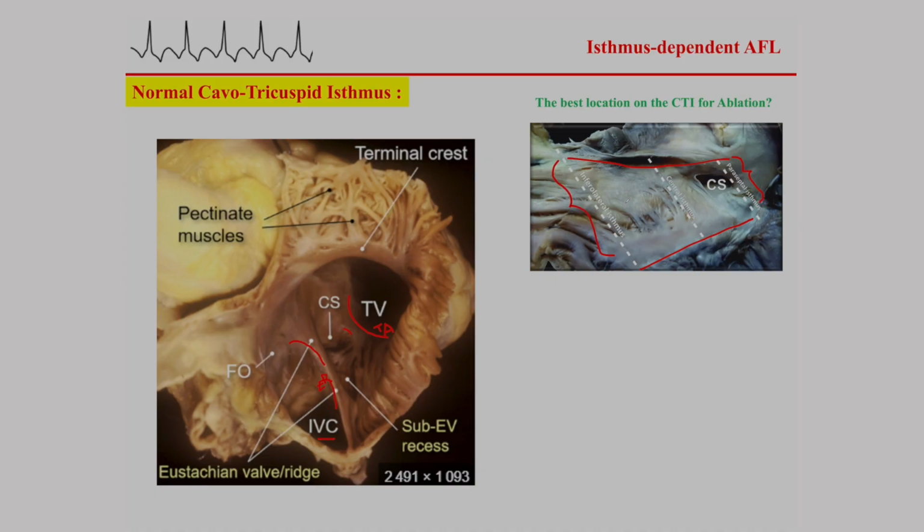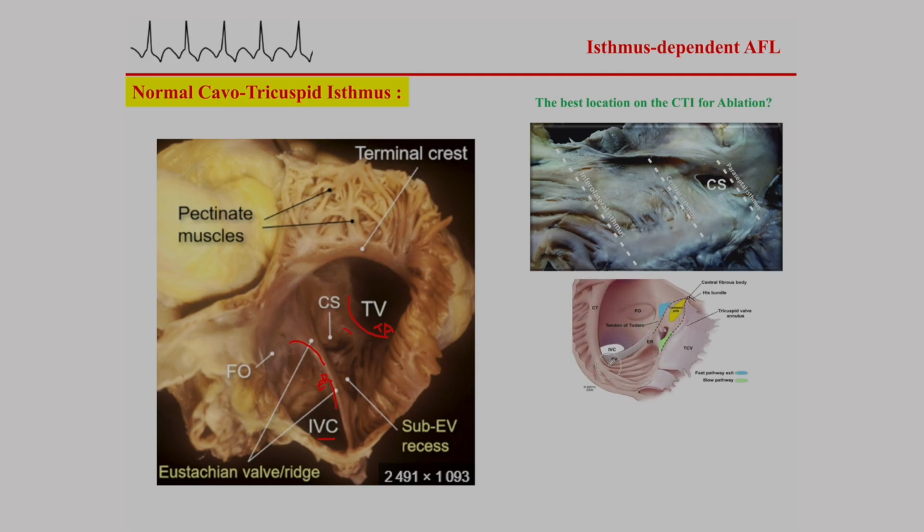So for a short ablation time, we will look for the shorter distance. As you see, the CTI becomes broader more laterally, by approximately 6 millimeters. The second criterion is the thickness of the CTI, that varies along its course, being thinner in the central isthmus, with variable thickness laterally because of this traversing, as you see here, of pectinate muscle.